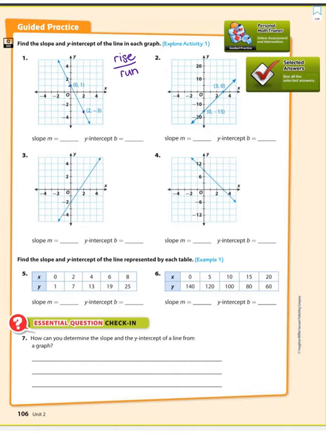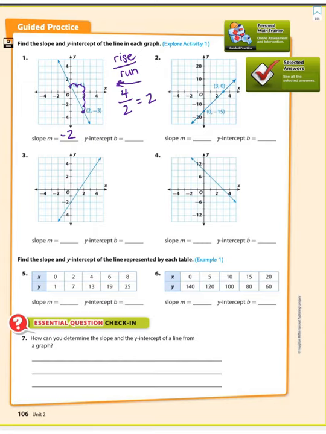So if we take this point and we're going up, how many? 1, 2, 3, 4 rise, and then over 2, 1, 2. Okay, so our rise was 4, our run was 2, and 4 halves is the same as 2. And since it's going this way, it's a negative slope. So our slope is -2.